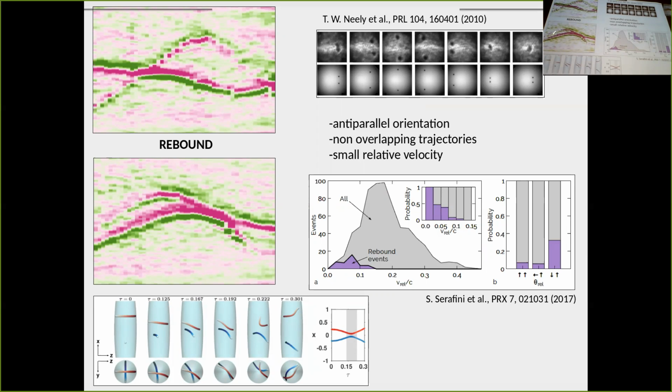And the probability of having a rebound also depends on the relative orientation of the vortices. If we start with vortices of opposite orientation, the probability is in general higher, as one also expects from numerical simulations.